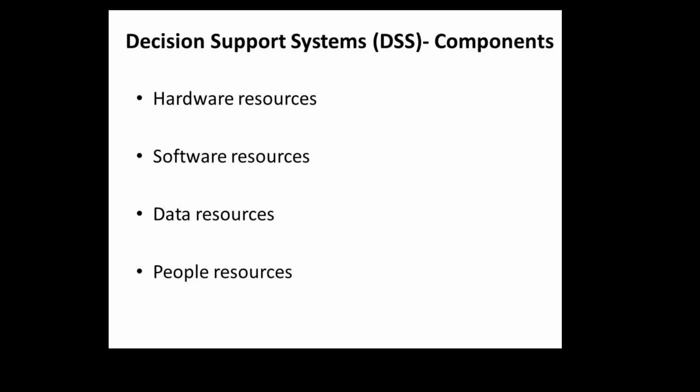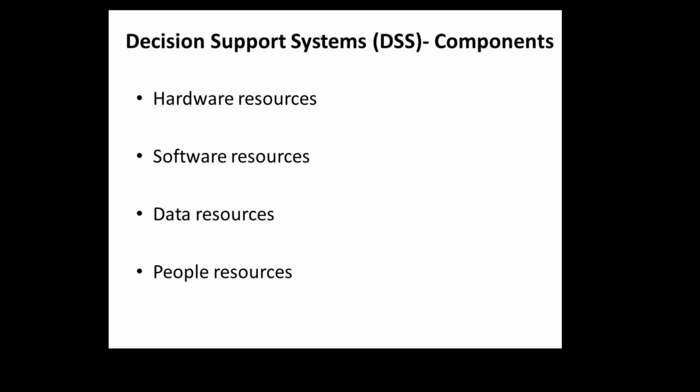Then data resources. It contains data and information extracted from the database of the organization. Then it includes summarized data and information needed by the manager for a specific decision purpose. Last one is people resources.